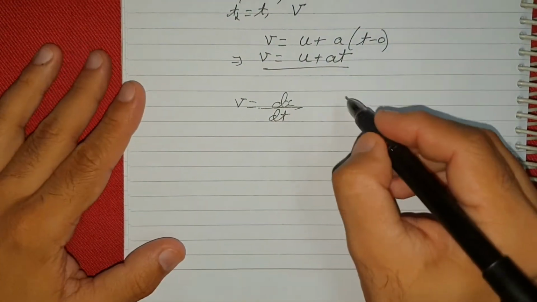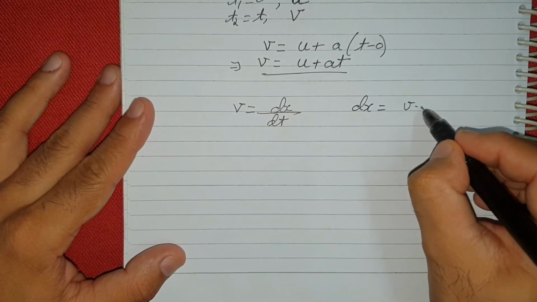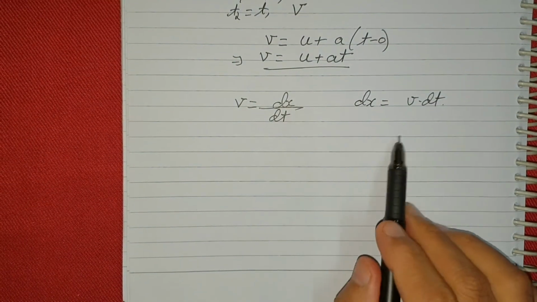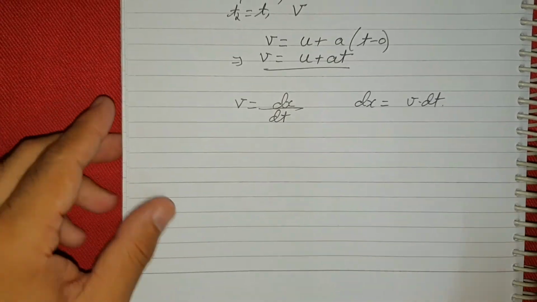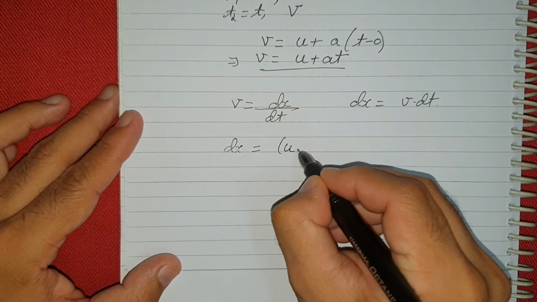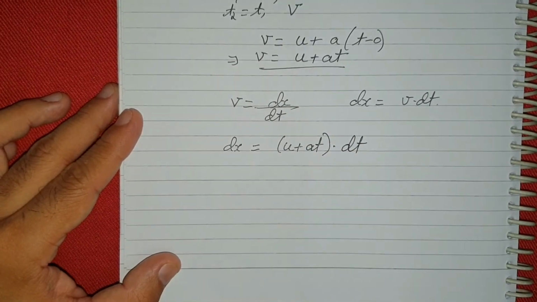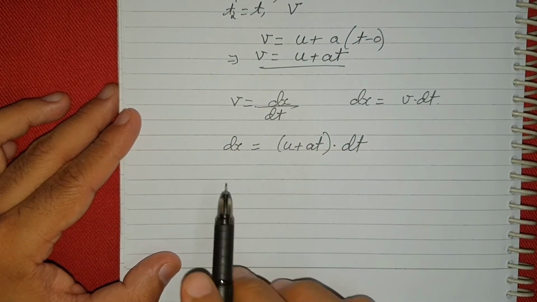Cross multiplying, you get dx equals v dt. Now substituting the value of v, which is u plus at, dx will be u plus at, dt. This is the equation.